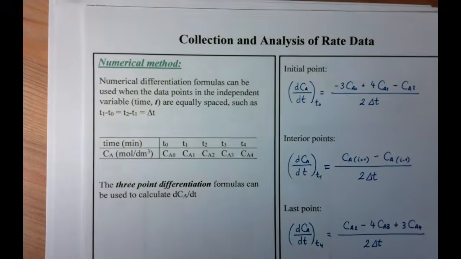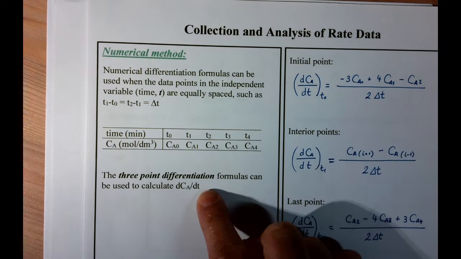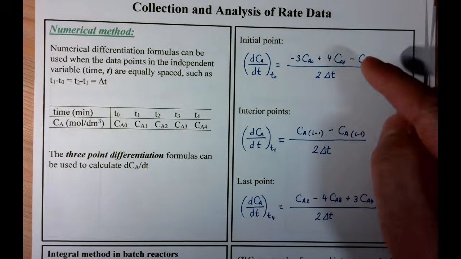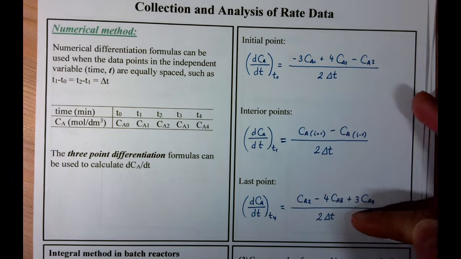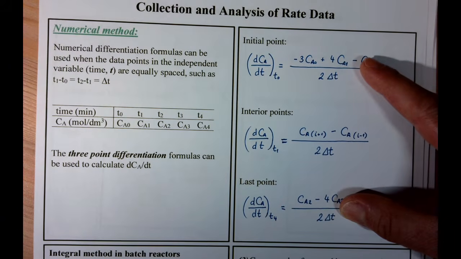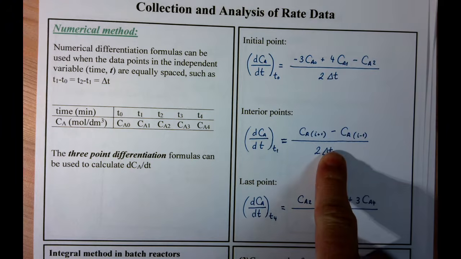So that would be the 3-point differentiation. These are the equations that we need to use. These two would be for the first and last points, and for all intermediate points, we'd use this equation.